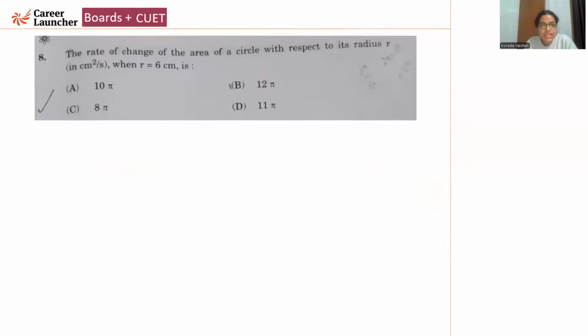Question number 8 says the rate of change of the area with respect to R. Okay, so we have to find that, dA by dR. What is this value? First of all, let's consider area, which is pi R square. So calculating dA by dR, right? But the value is given in centimeter square per second. So what is it going to be?